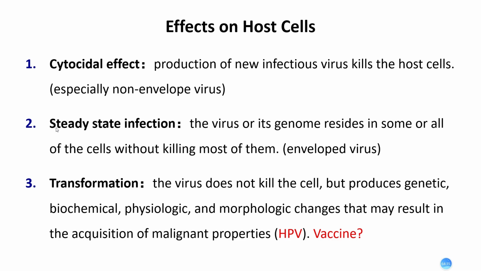And the third type of result is transformation. We learned about transformation of bacteria. It has a similar meaning: once infected by a virus, the virus does not kill the cell, but instead produces genetic, biochemical, physiological, or morphological changes that may result in the acquisition of malignant properties.